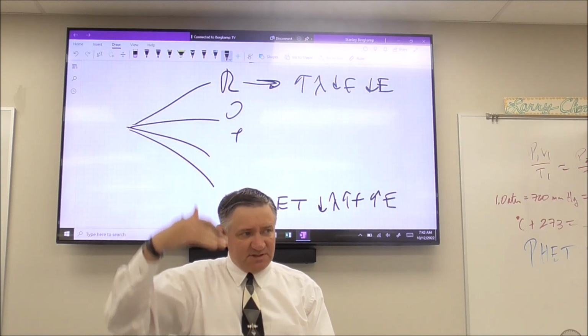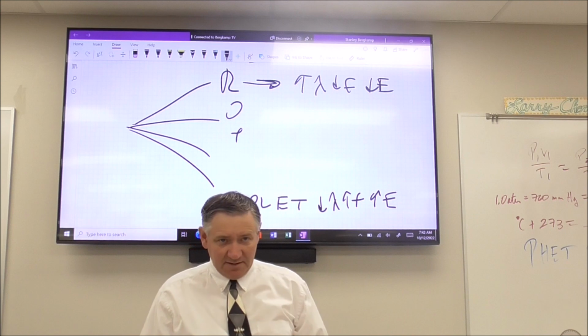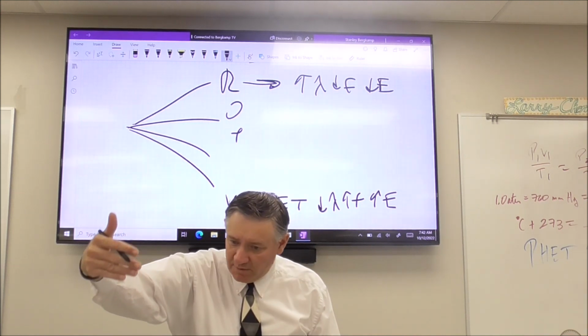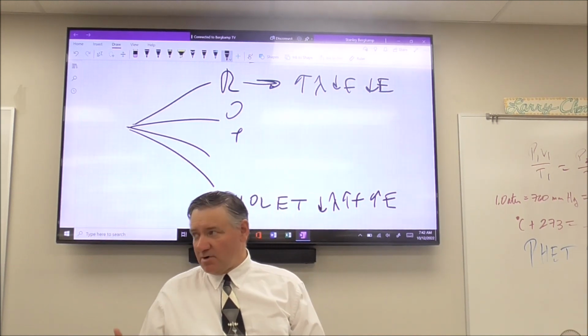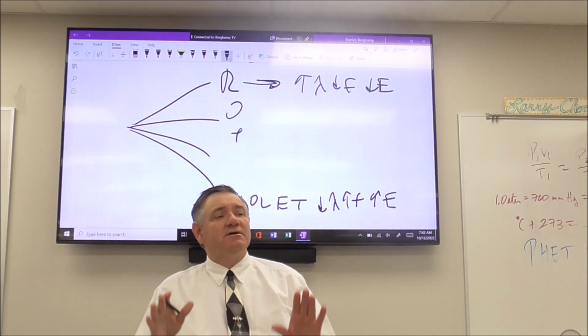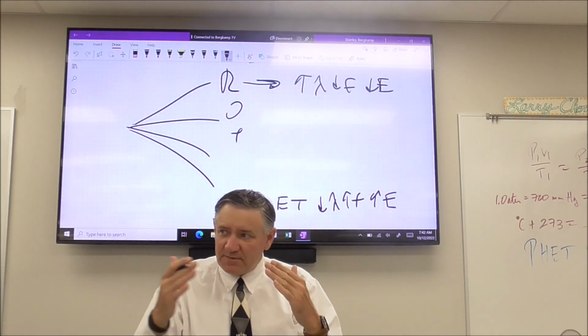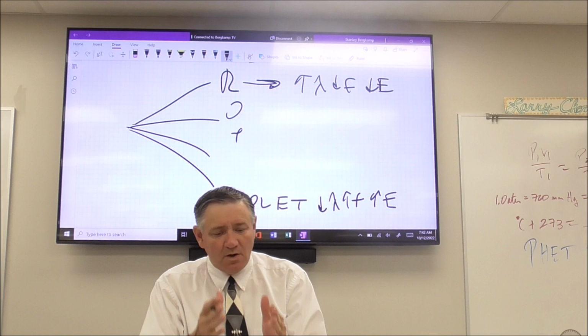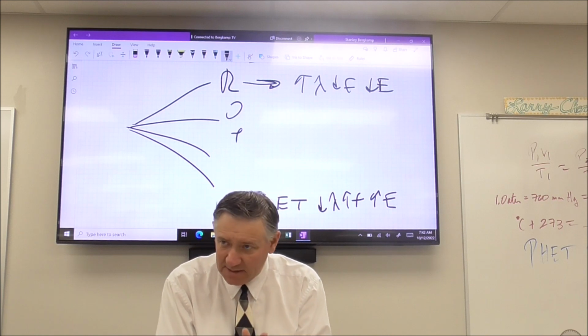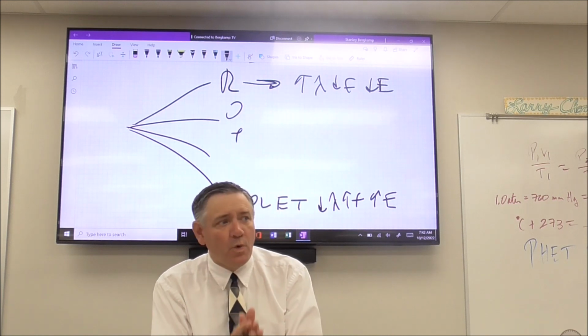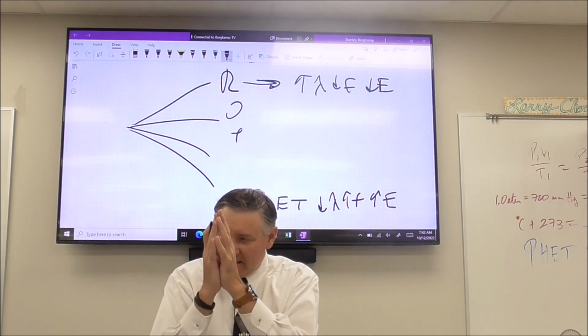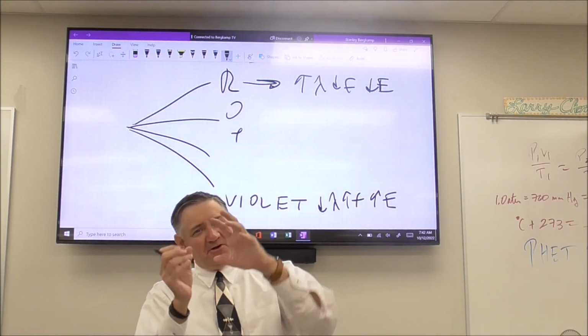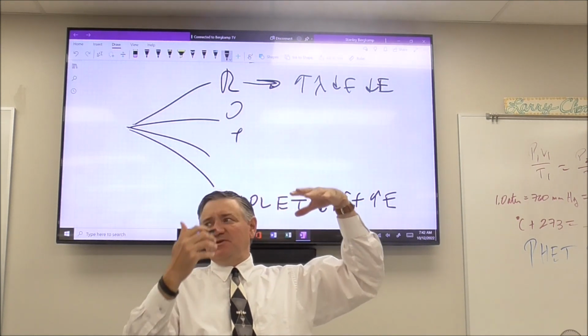So as you go through this spectrum from red down to violet, you're going from a low energy state to a higher energy state, okay? Here's the other thing you have to understand. When we talk about what's happening inside an atom, we cannot take a snapshot and say, look, here's the nucleus, here's where the electrons are.